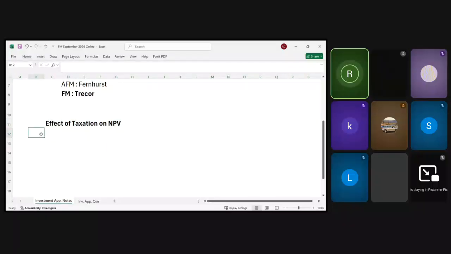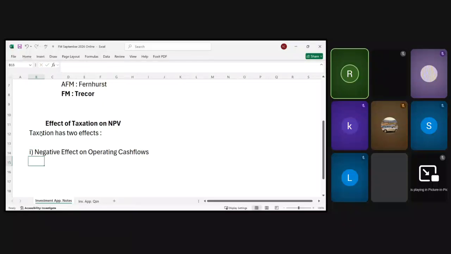So our taxation has two effects. Effect number one is a negative effect on operating cash flows.